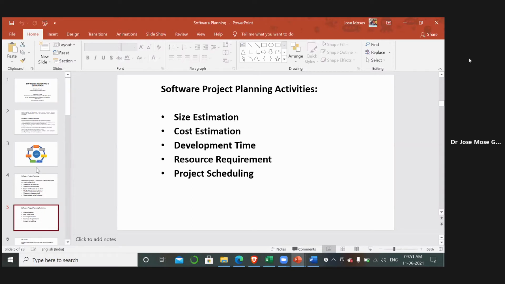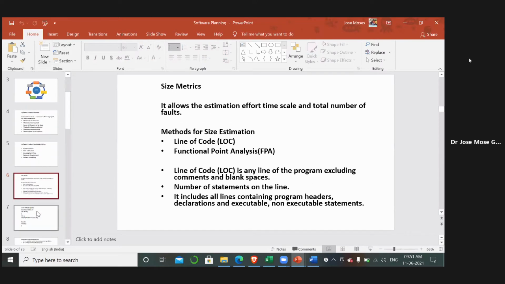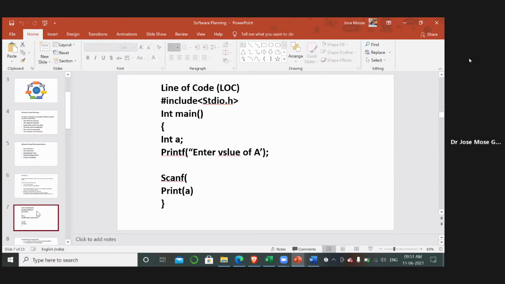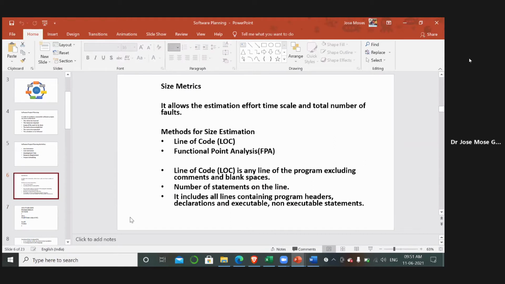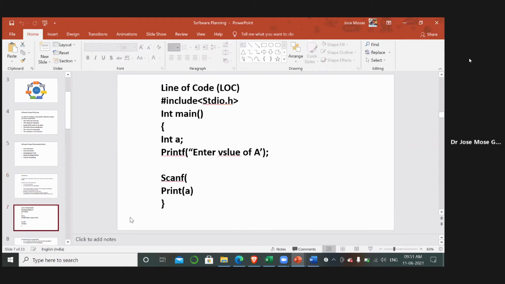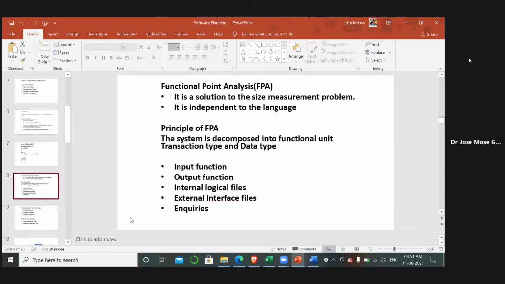So we have only seen size estimation. In size estimation, we discussed function point analysis and lines of code. What lines of code is, we have already seen: how we get efficient lines of code by reducing the complexity of a particular function. So what is meant by lines of code, and then we go ahead with function point analysis.